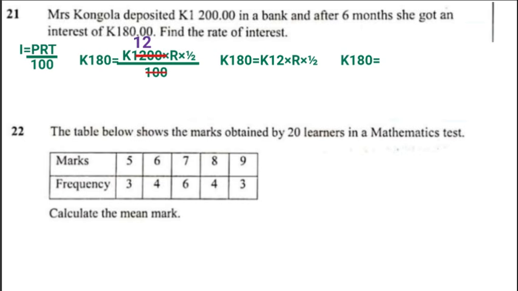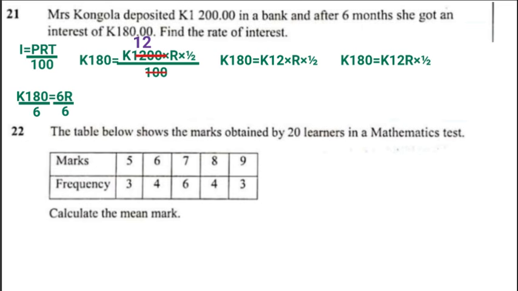180 is equal to 12 by R will give us 12R kwacha, then multiply by 1.5. Okay, then we can write 180, then we multiply 12R by half, which will give us 6R. Now we divide both sides by 6.